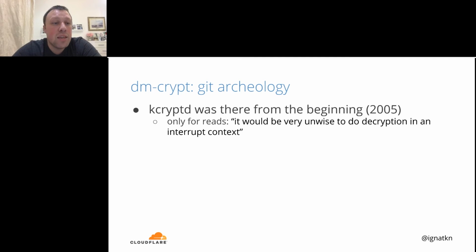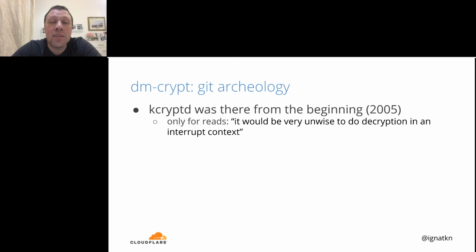However, the initial kcryptd queue in dm-crypt was there from the beginning, from when basically Linux started to host its Git repository in a publicly accessible repo. It happened in 2005, and it was there only for reads, with the comment, it would be very unwise to do decryption in interrupt context.